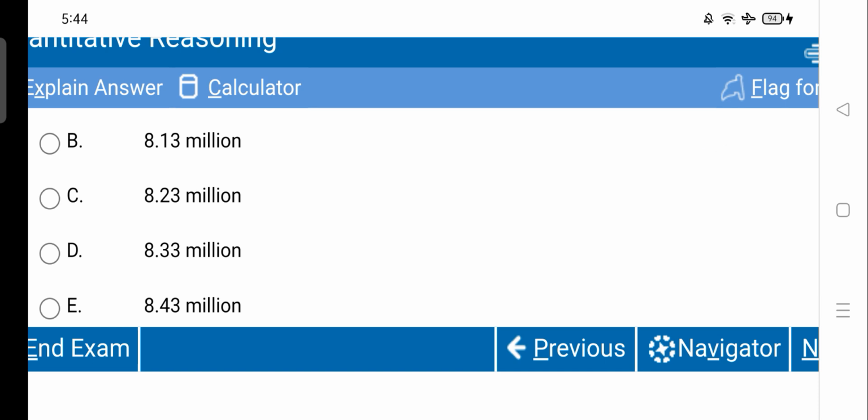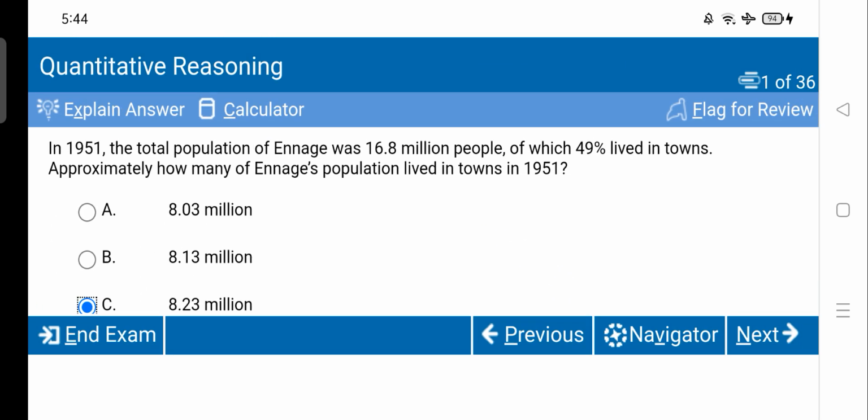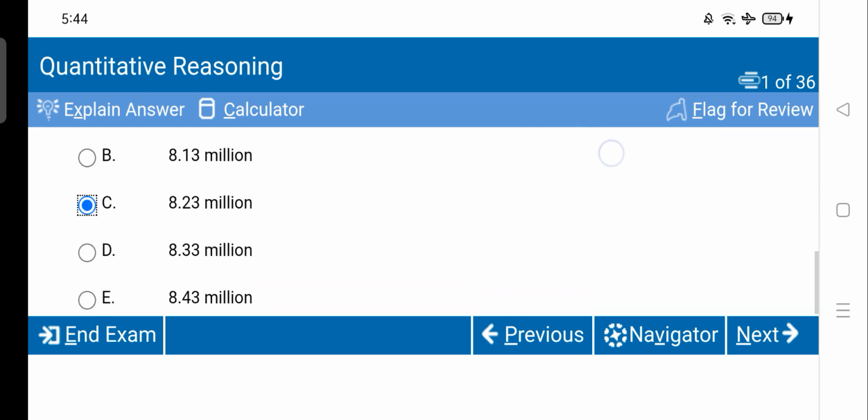So the correct response we have is C, 8.23 million is Inage's population that lived in towns in 1951.